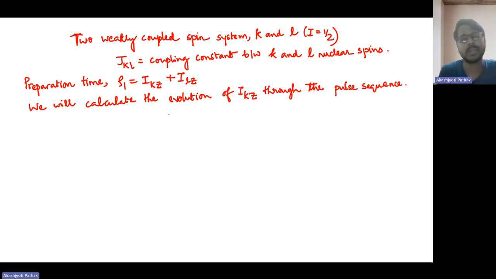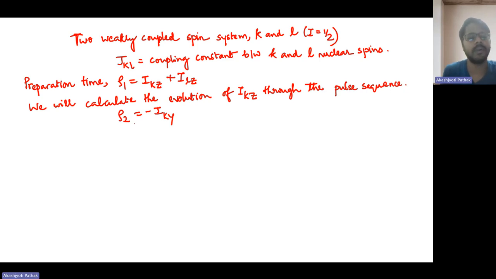So if we calculate the evolution of IKZ through the pulse sequence, last session also we had looked at how we operate with these density operators. Following all this convention, the density operator rho two, at time point two in the pulse sequence, for this spin K, we can write as minus IKY.